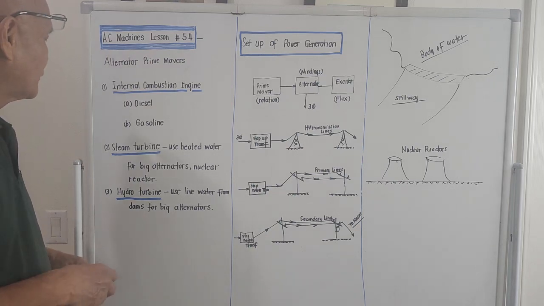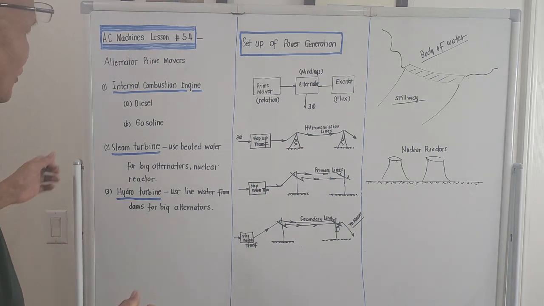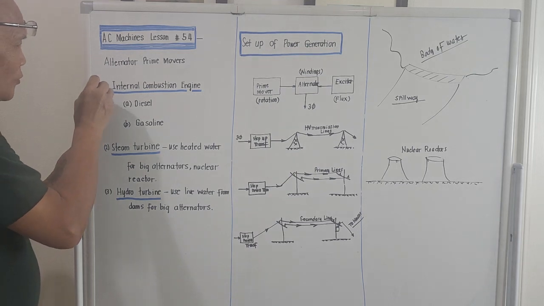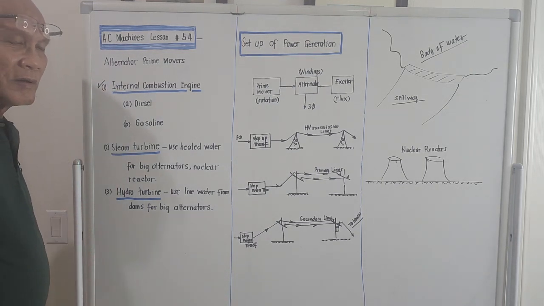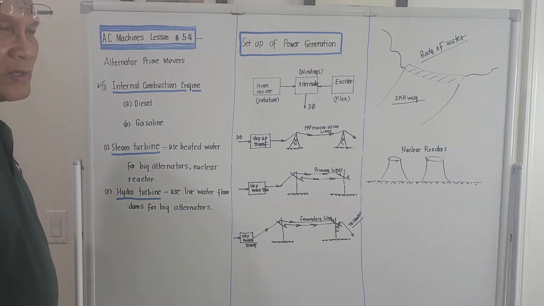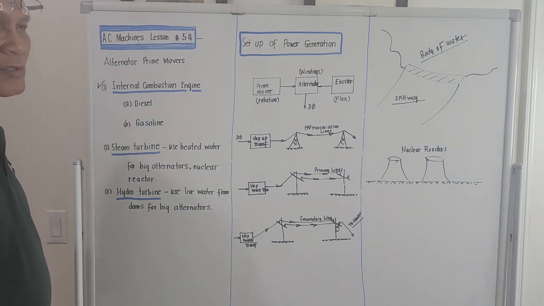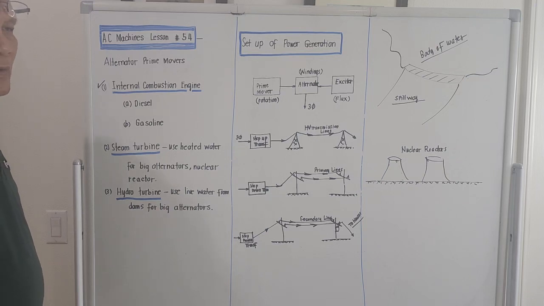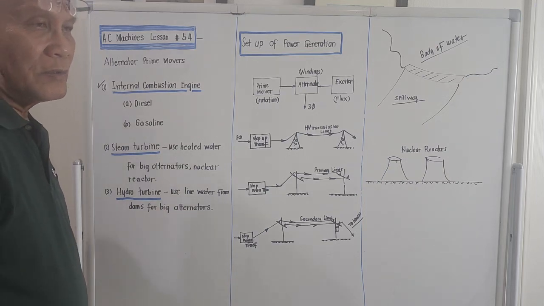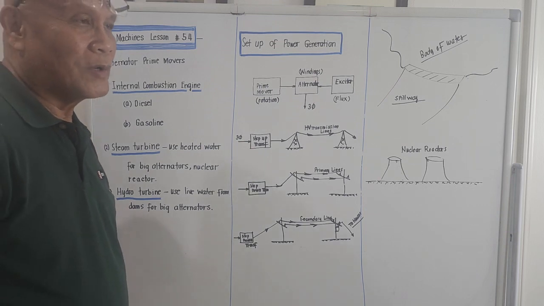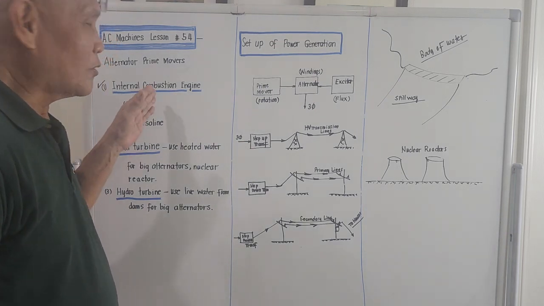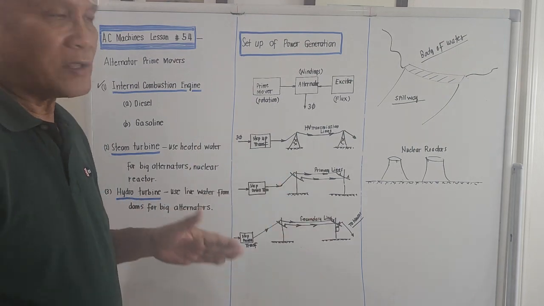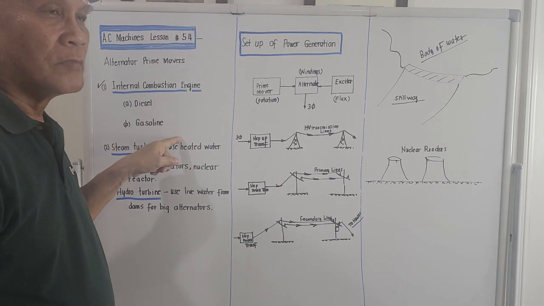Okay, let's proceed. For the small alternators, the prime movers are internal combustion engines, like the engines of our cars and SUVs. The fuel needed to rotate those internal combustion engines is gasoline or diesel.